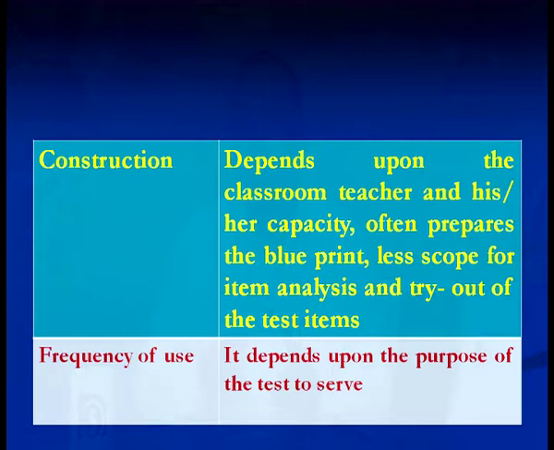In case of teacher-made tests, the construction depends on the classroom teacher and his or her capacity, and there is often no preparation of a blueprint. There is less scope for item analysis and pilot testing of the test items. Whereas in a standardized test, the blueprint is prepared and a table of specification is prepared.